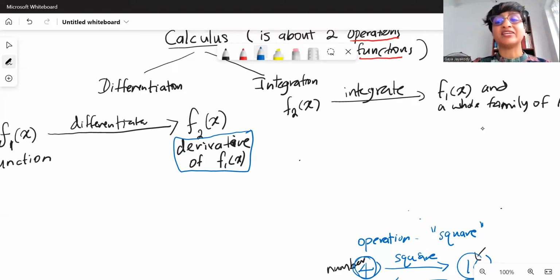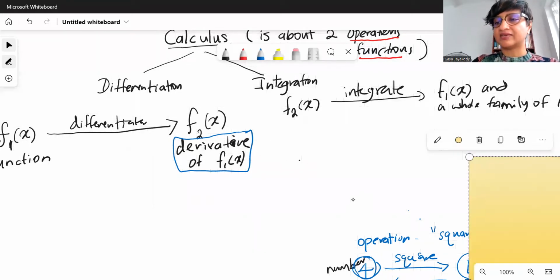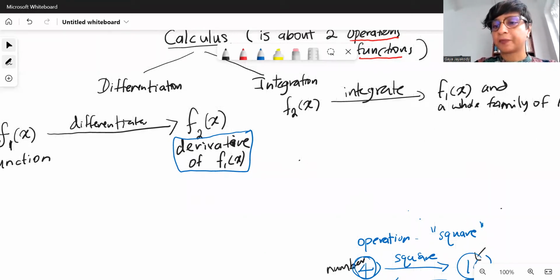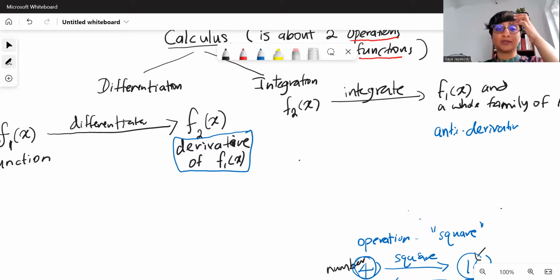Antiderivative. Okay. F1 is the antiderivative. It's like son and anti-son, or dad and anti-dad.